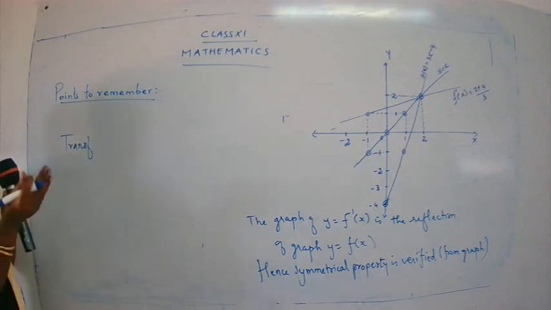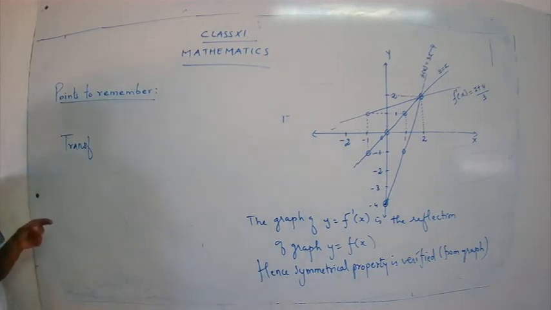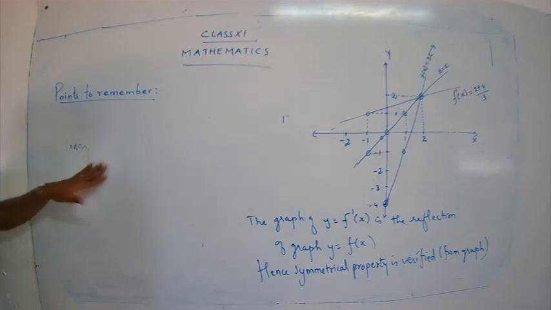Just by small changes, you may shift the graph upward, or shift the graph downward, or shift the graph to the left, or shift the graph to the right, or you may compress the graph, or you may stretch the graph. So these are the different transformations. What is the transformation, children?